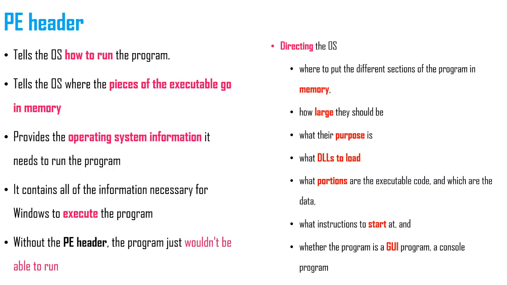The third thing is it provides the operating system the information that is needed to run the particular malicious program. It contains all the information that is necessary for Windows to execute that particular malicious program. This PE header, the portable executable header, is present in a malware file and contains every nook and corner of the information necessary for the Windows operating system to execute that particular malicious file.